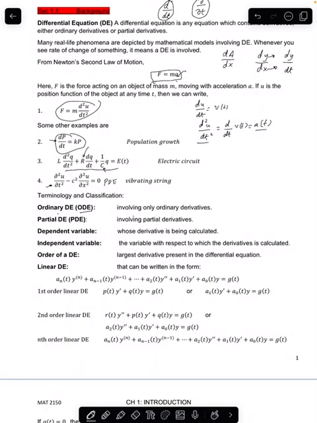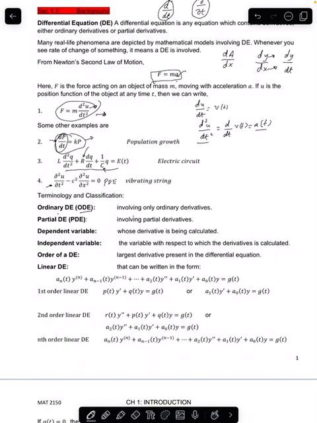For example, in the first equation over here, the independent variable is t and the dependent variable is u, because we are taking the derivative of u with respect to t. So t is independent, u is dependent. In the second equation, we are taking the derivative of p, and with respect to what? T. So p is the dependent variable and t is the independent variable.